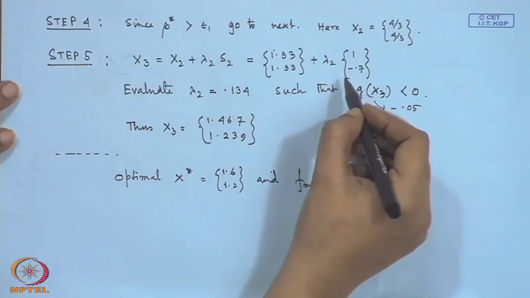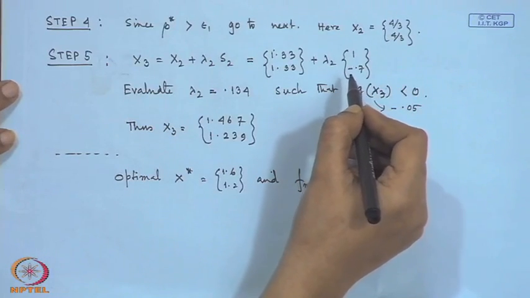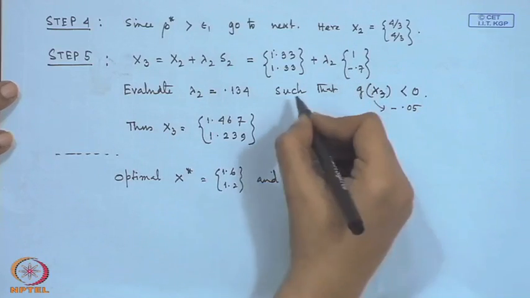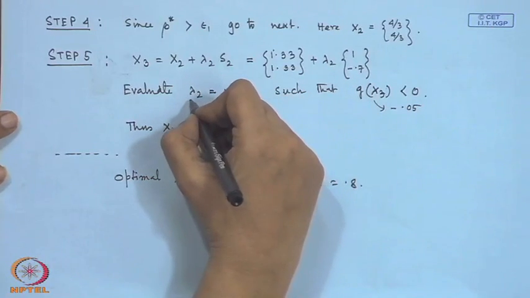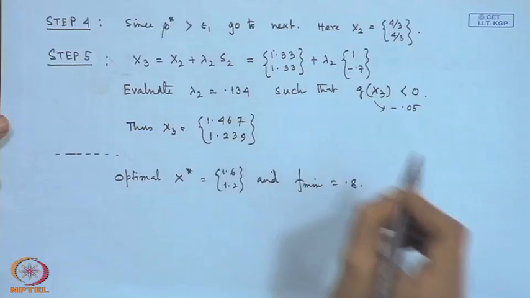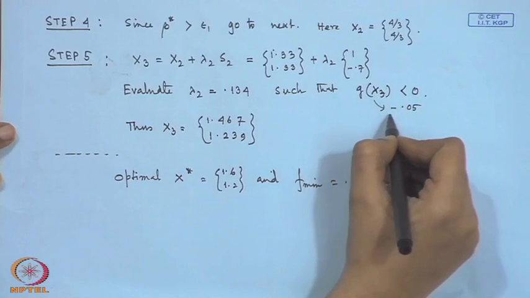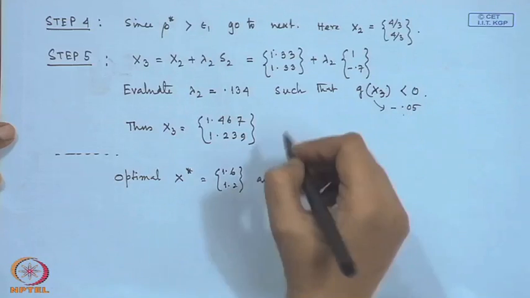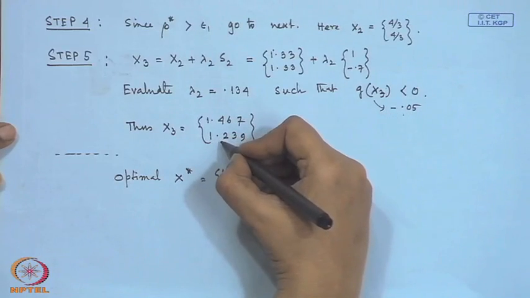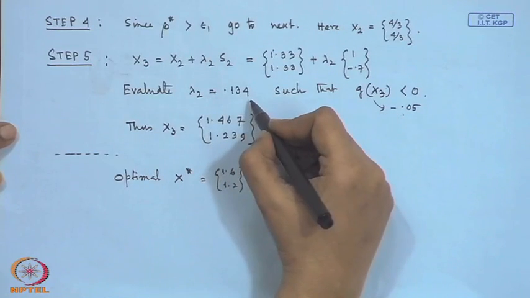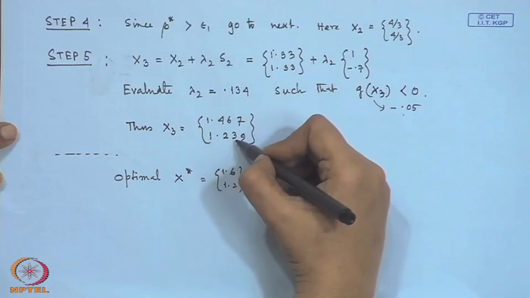If I just repeat the process as we did in step 2, in a similar way we select lambda 2 as 0.134, then we see that g of x 3 is within the feasible space. That is why this lambda 2 is quite acceptable for us, and we can move to the next x 3.